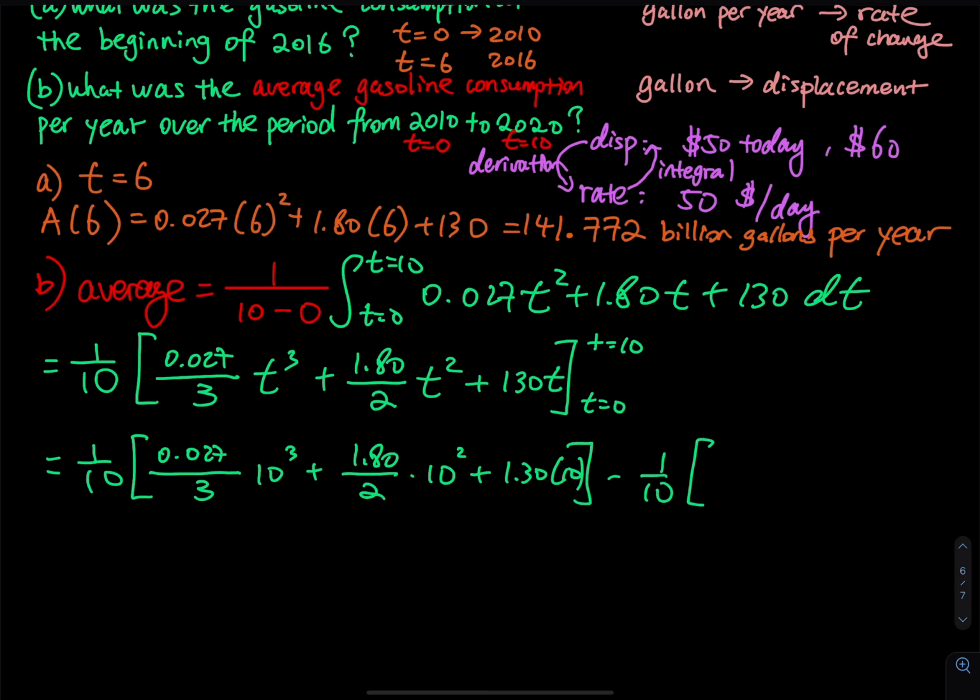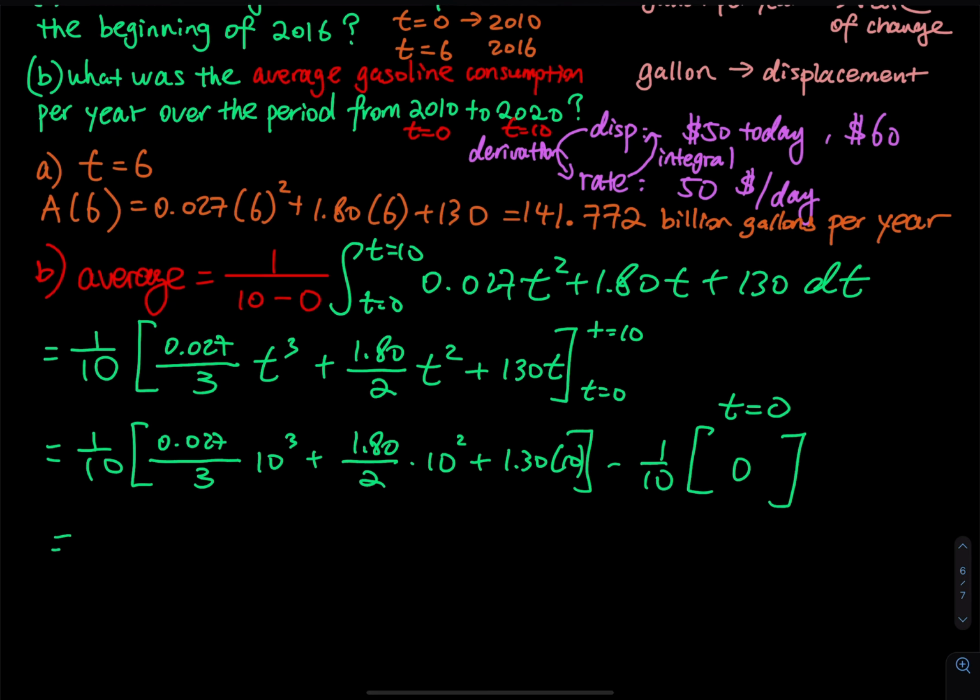Once you plug in a 0, the whole thing is equal to 0, right? So this whole thing times 1 over 10 is equal to 0. And then this is equal to 1 over 10 times what? Inside the square bracket, we have 1399.